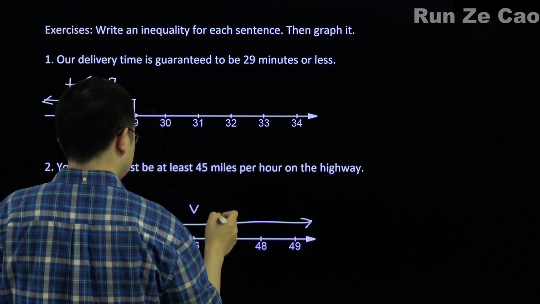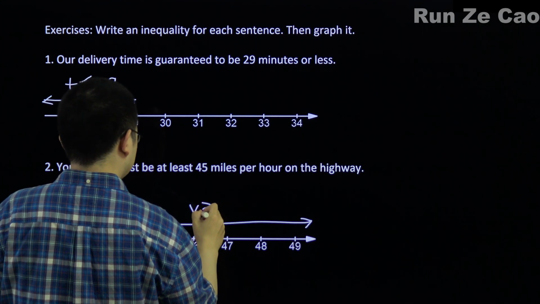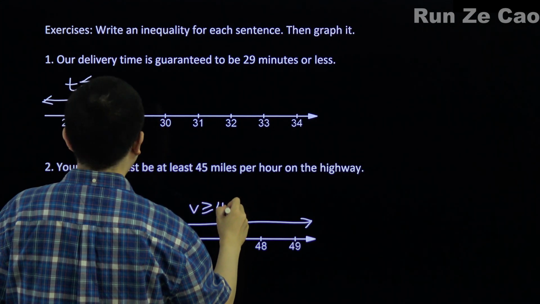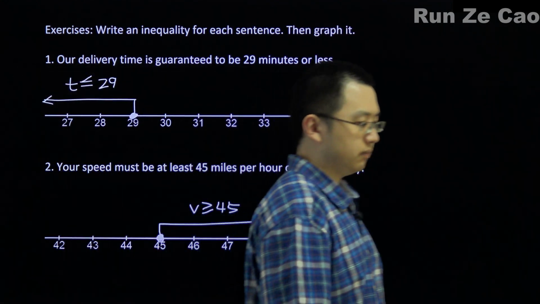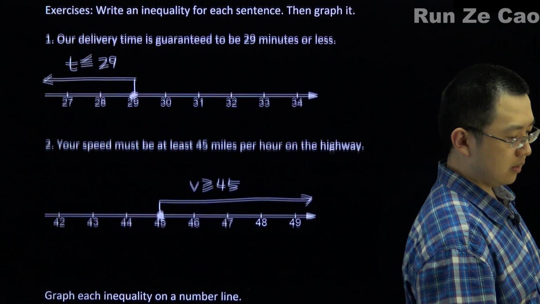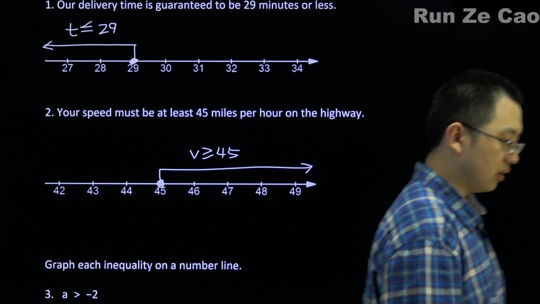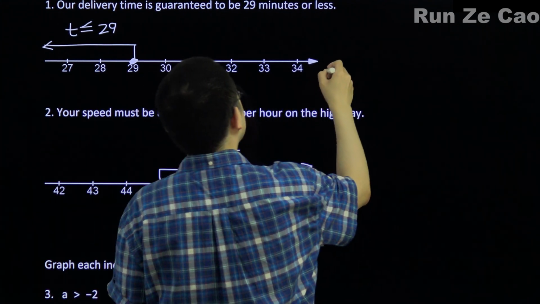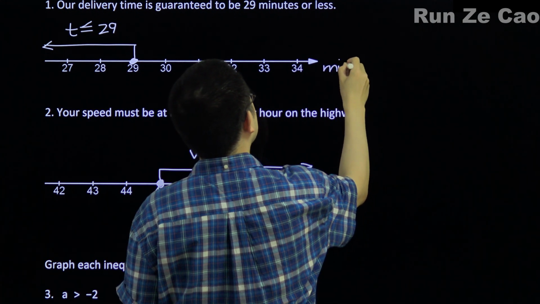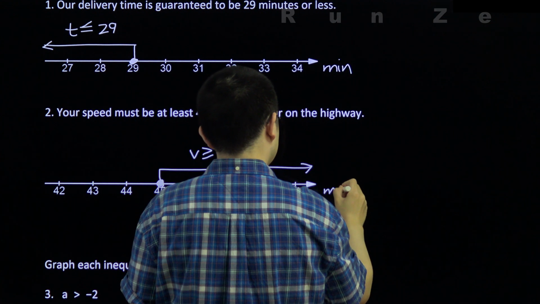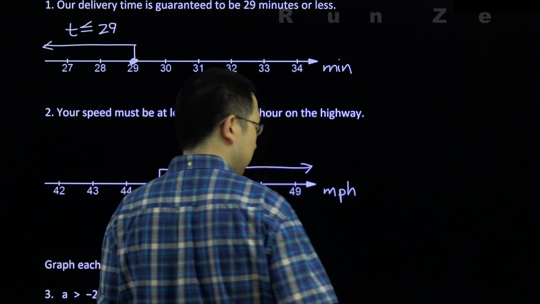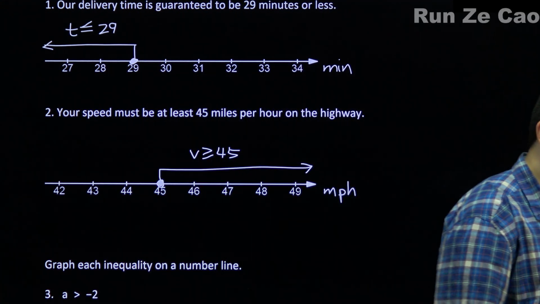That means v is greater than or equal to 45. Now, it's good to have units on your number line if indeed they are required, which in these cases they are.